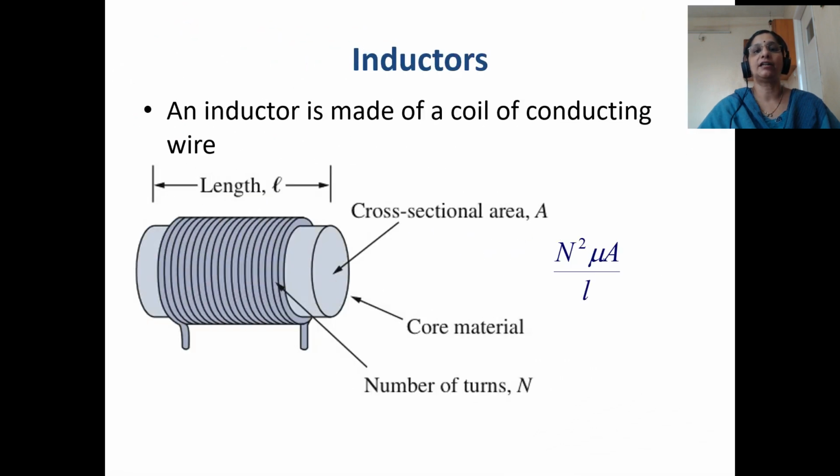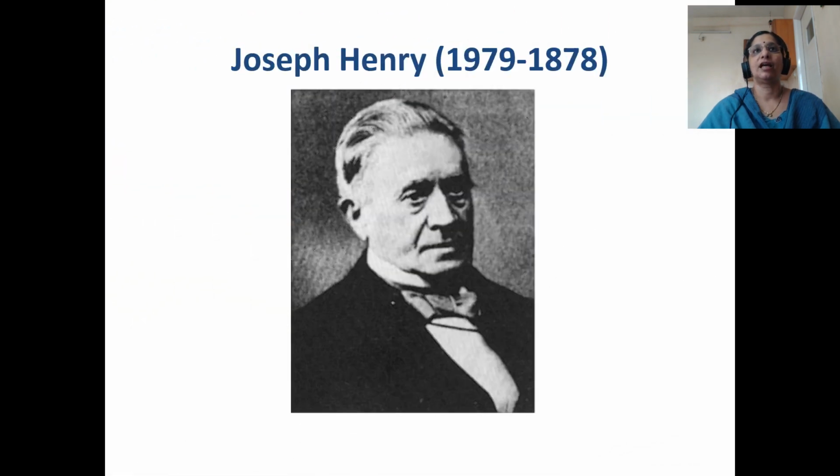Inductor is another very commonly used component in electronic circuits. An inductor is made up of a coil of conducting wire. Joseph Henry discovered the effect of inductance and gave us the unit of inductance, which is measured in henry.